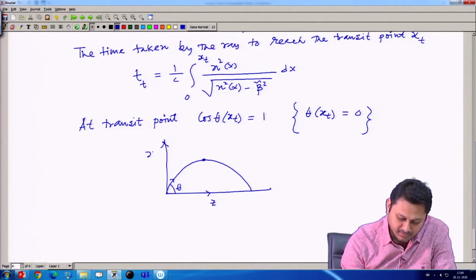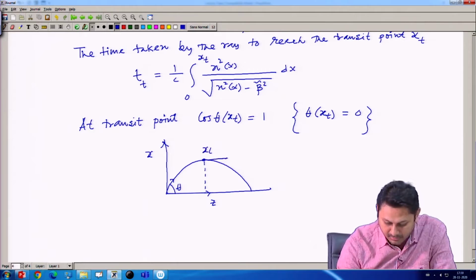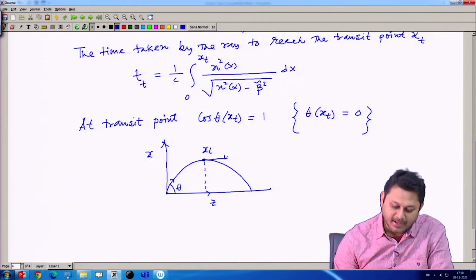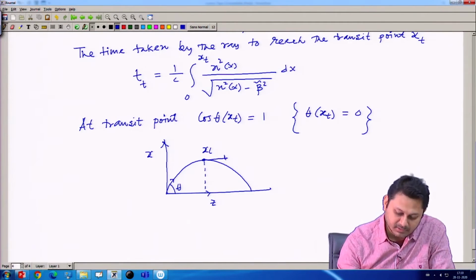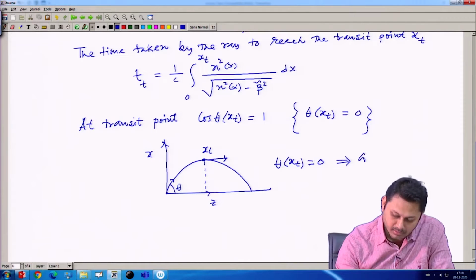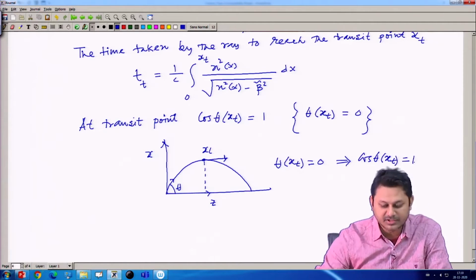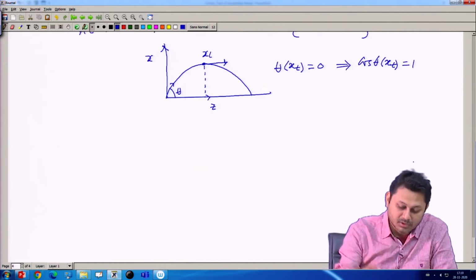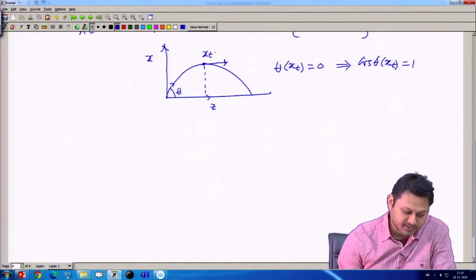At x t, the direction of the ray and the direction of the z axis are the same. So I have theta at x t equal to 0, which gives cos theta at x t equal to 1. That is additional information we should know for the transit point.